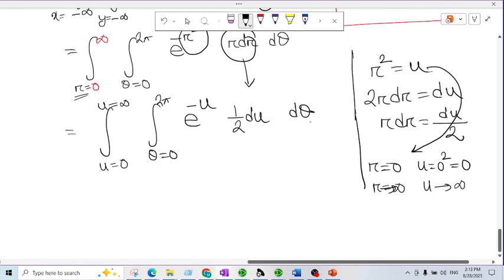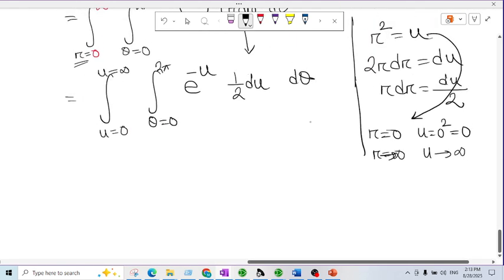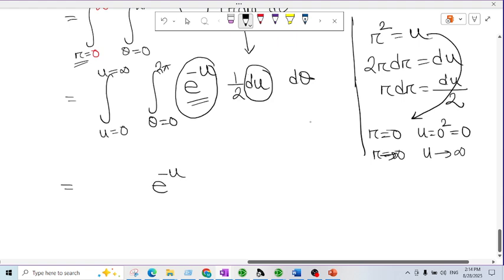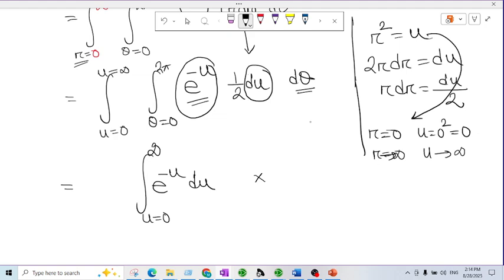Now you see that u and theta are two different variables, right? And e to the power minus u is only a function of u. So let me integrate e to the power minus u with only u, and let's write this theta separately from 0 to twice pi d theta, and let's write this constant here, half.